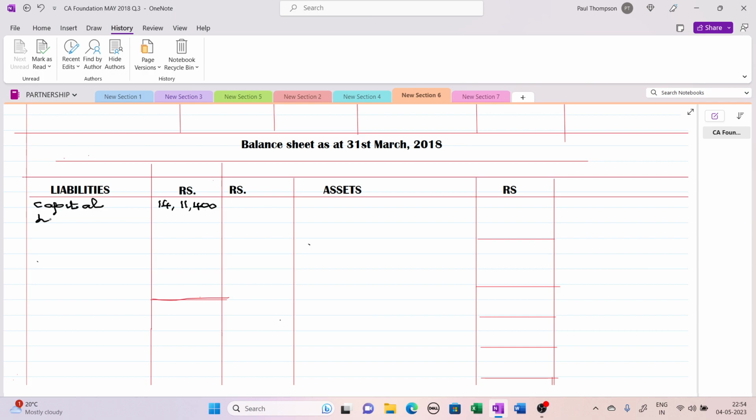I am writing it in short. Please don't write in short. You have to write it in full. Always make a bracket so that you know you have to subtract it. 13,91,400.